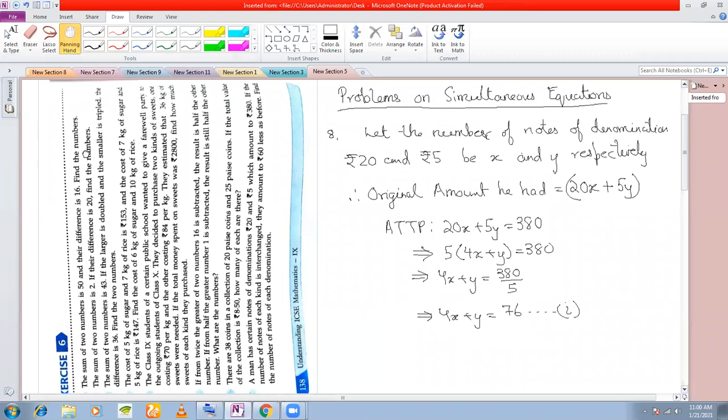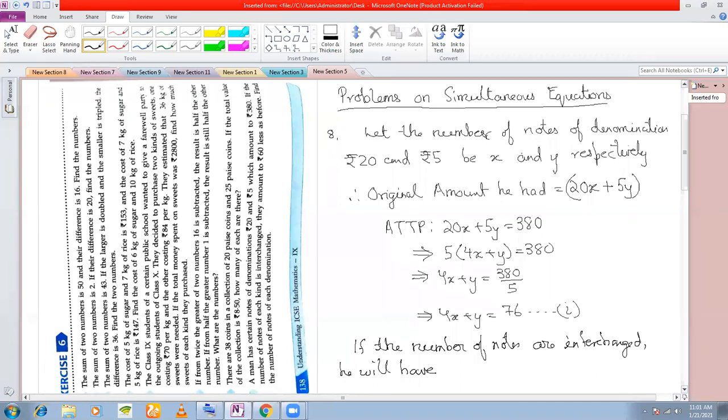Now what is the second condition given? It says that if the number of notes are interchanged, then what will happen? If the number of notes are interchanged, he will have 320.